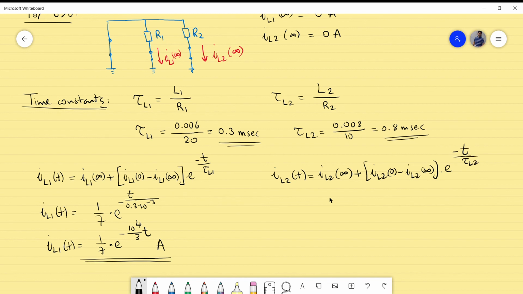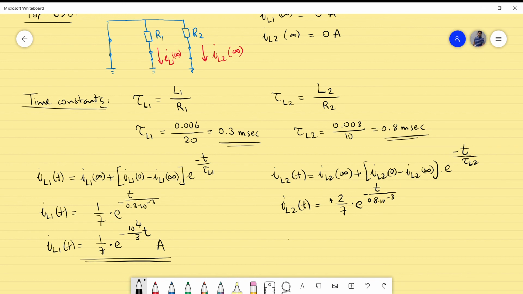So let's fill in what we have. Again, the final values are 0, and the initial value had 2/7. So that's the last part, 2/7. So what we have is 2/7 e to the power minus t divided by 0.8 times 10 to minus 3.